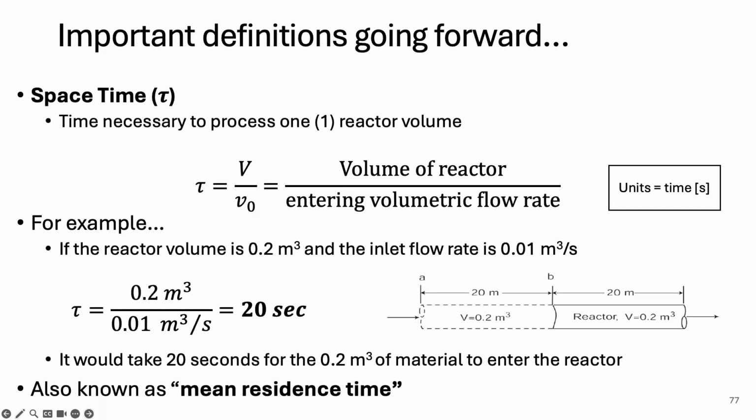Space-time is also sometimes referred to as the mean residence time. It's equal to the mean time that a particle would spend in a reactor between when it enters the reactor and when it leaves. This would be the average amount of time that a typical particle would spend in that reactor.